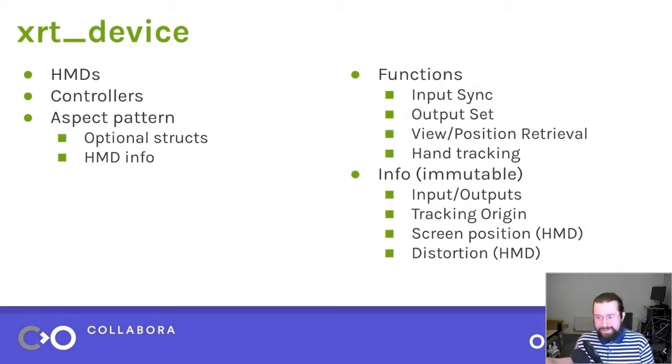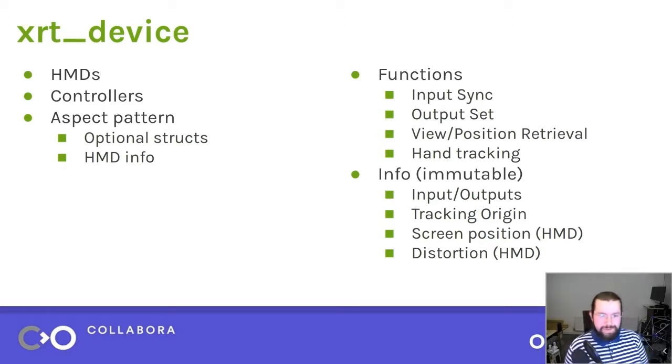So, deep diving a little bit more into all of these various interfaces, just to give some more meat on the bone. We have the XRT device, which is basically the most central thing, because this is the thing that's the XR hardware. You have HMDs, you have controllers.